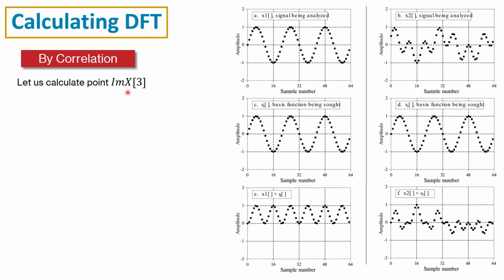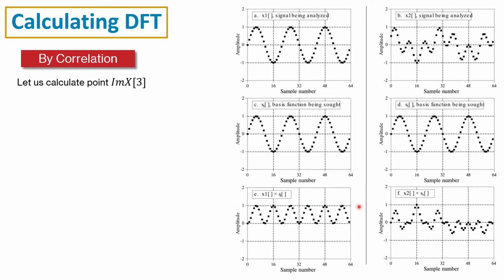ImX is the imaginary part of the analysis equation for the third frequency component, this one, S3. So this is just an example. There will be components from 0 to N over 2 plus 1, and from all of those we have chosen only one just for giving a demonstration.